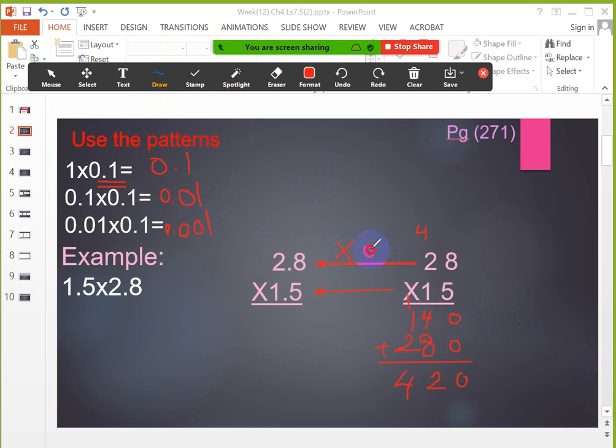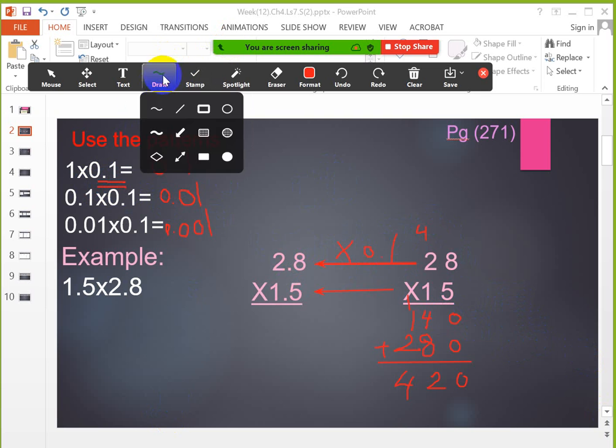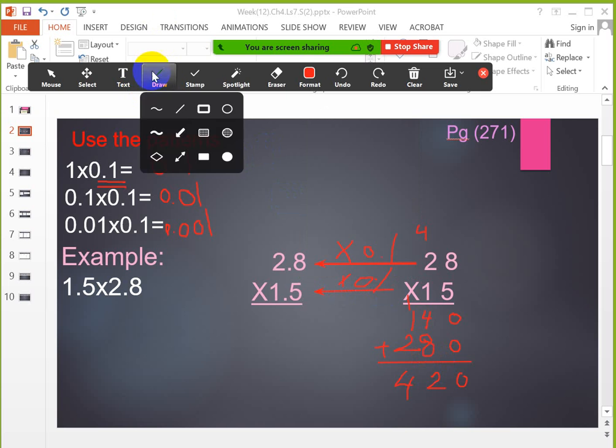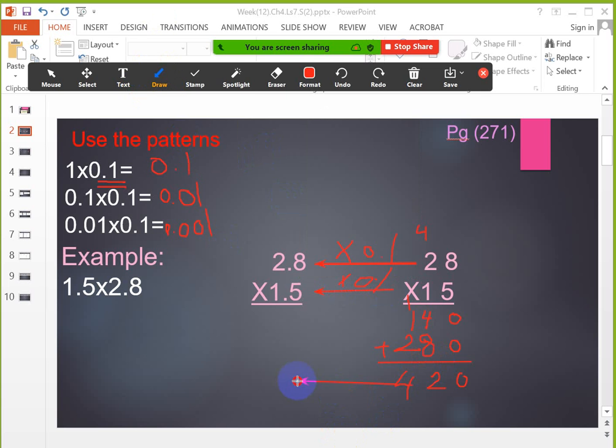0.1. You remember this pattern? To return from 28 to 2.8 tenth, the same thing also. So for this number also I have to multiply it with 0.1. So look, what about the number here, or the answer, or the product?